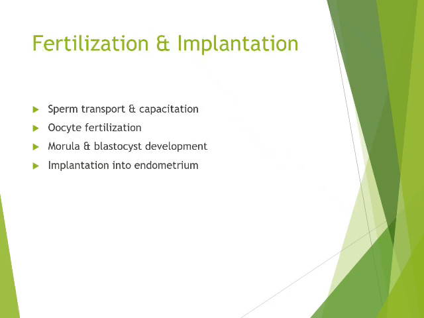Fertilization and implantation. Sperms transport through the vagina and the uterus tubes to the ovary, and during this journey, the sperms get preparation and capacitation to be able to penetrate the egg and fertilize the ova.